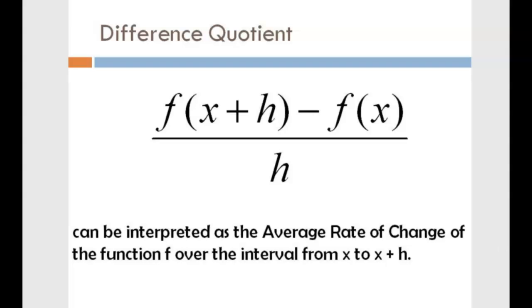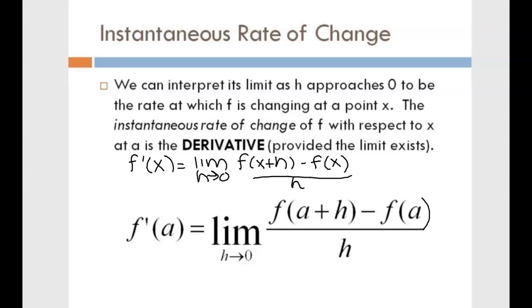If you take this same equation and you throw a limit in front of it, you now have the derivative. The derivative is the instantaneous rate of change. We now know how to find the derivative using the power rule, the product rule, the quotient rule, and our trig derivative rules.